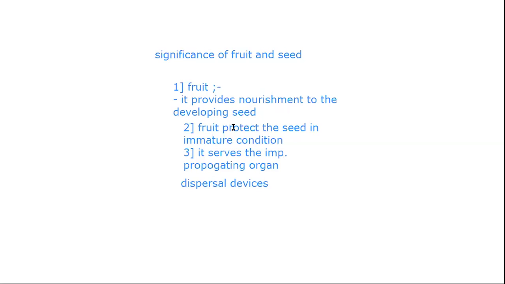Then seed. Number 2 is the significance of seed. So what about the seed? Already I told you the seeds are nothing but the threads of life. Seed is also called the reproductive organ of plant.